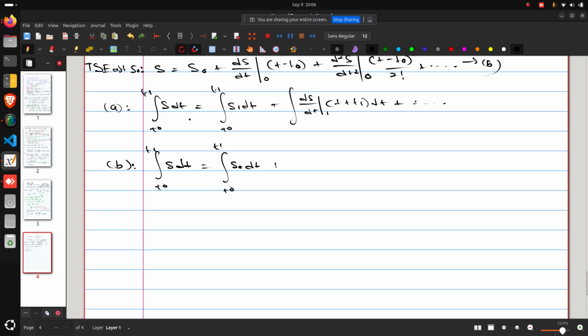Now for the S0 part, this will again be t0 to t1, and so on, right?